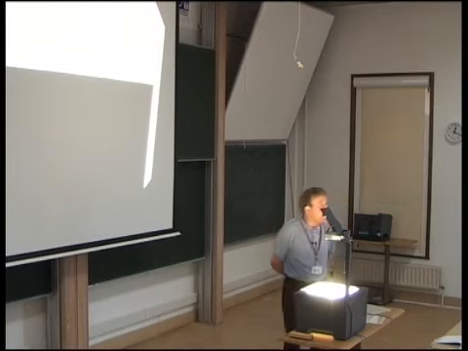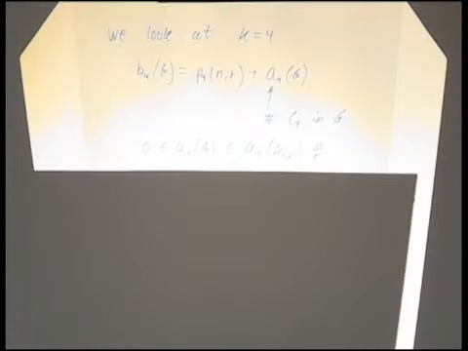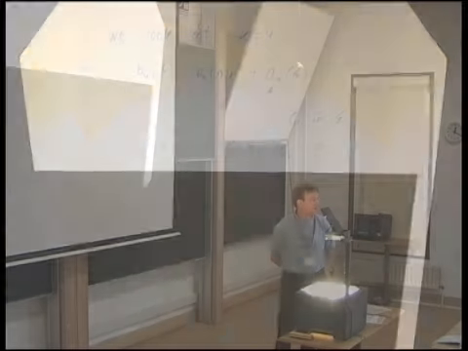Look at k equals 4. These are matchings with 4 edges. Very nice and small things. The number of matchings with 4 edges in a regular bipartite graph can be written as a polynomial, which I haven't written out here. It's quite complicated, but it's not that hard to get.